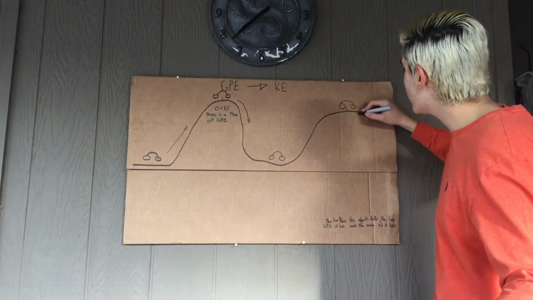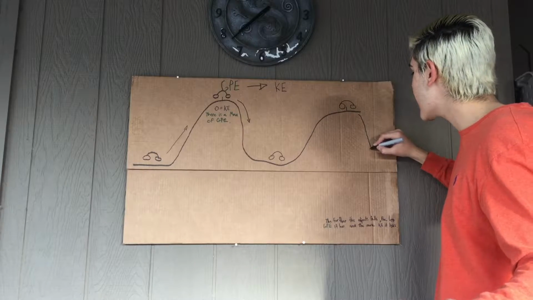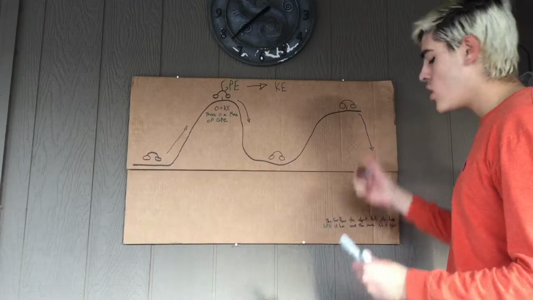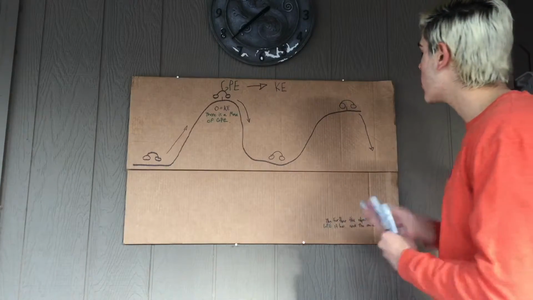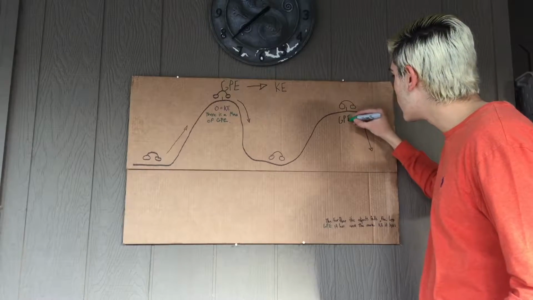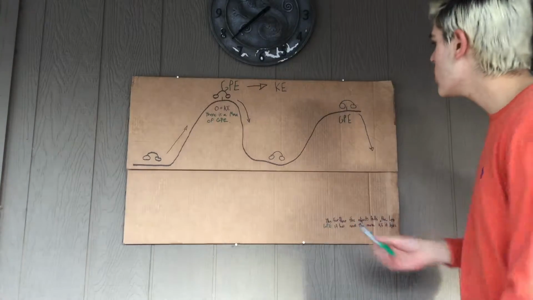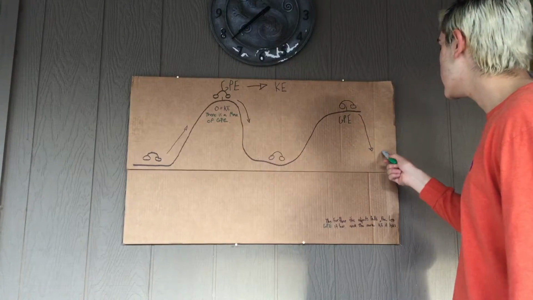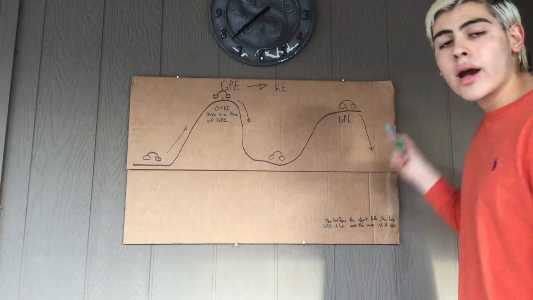That is because gravity is bringing the cart down. So when gravity is bringing it down, we call it gravitational potential energy. Now I explained to you, once the cart comes down, it is going back to kinetic energy.